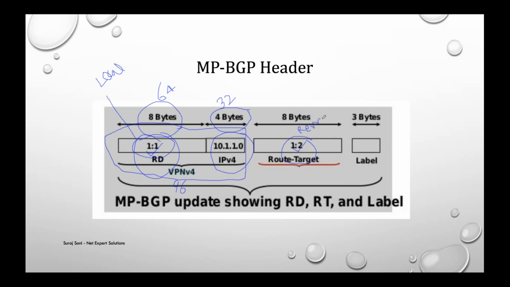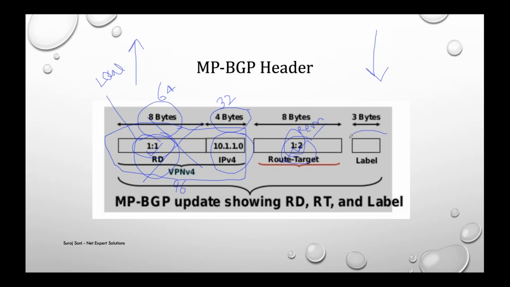So when the packet is received from the remote and at the receiving end, this value will be discarded. We'll look at in which VRF I'm importing this value. So from the sender end I have to export this, and on the receiving end I have to import this. So I will see in which VRF I'm importing this and will send the packet on that.